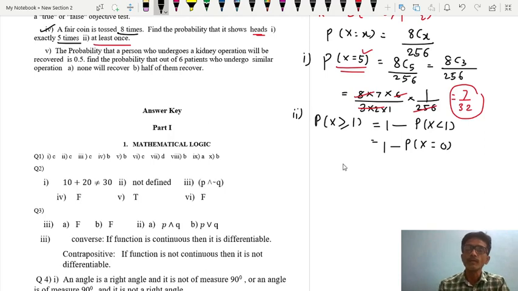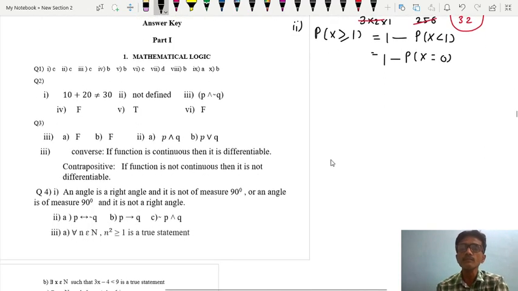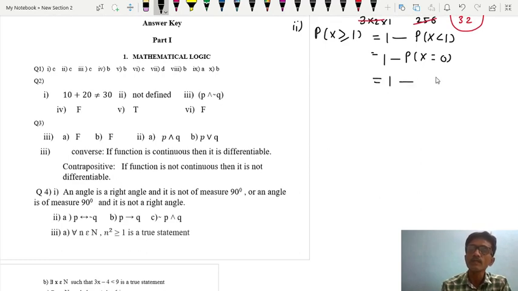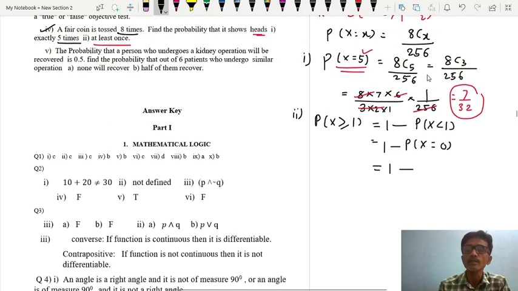So this probability will be equal to 1 minus P of x is equal to 0. X is equal to 0 we put in this formula. Here in this formula, 8C0 upon 256, which is 1 minus 8C0 is 1 upon 256.